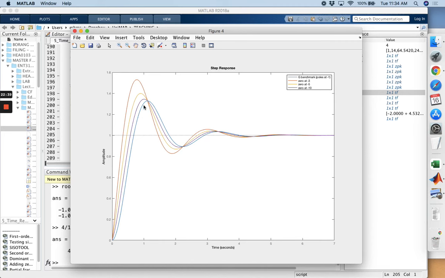So it means that if the zero is located further from the dominant poles, the effect of the zero on the transient response will not be much on the second order system.